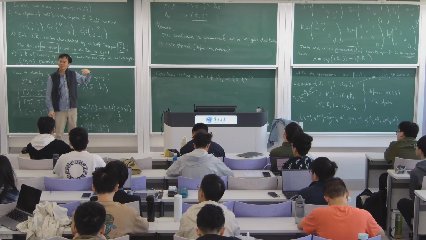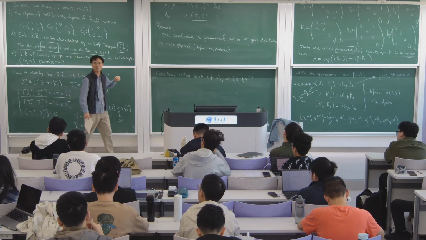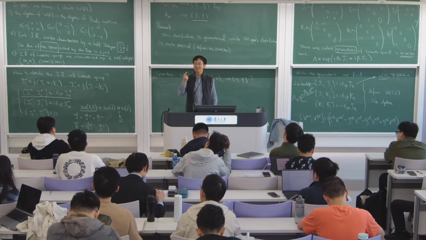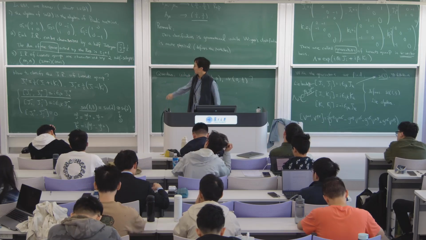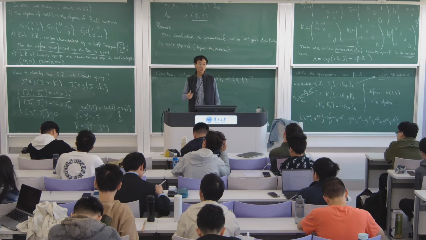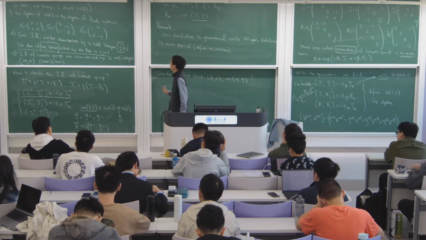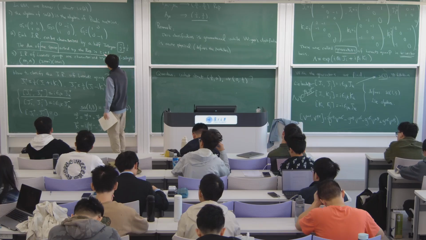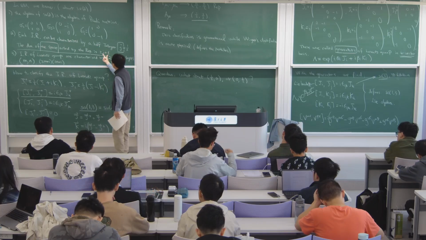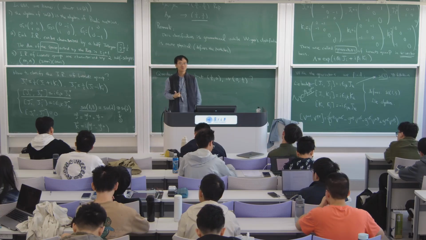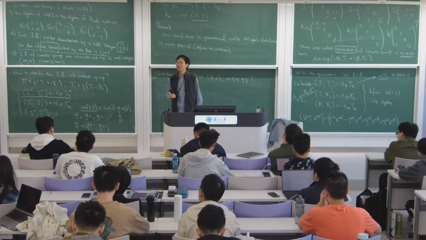This counting already tells you that the vector space for this representation should be two-dimensional. Because of that, the transformation matrix acting on the two-dimensional space should be 2 by 2.